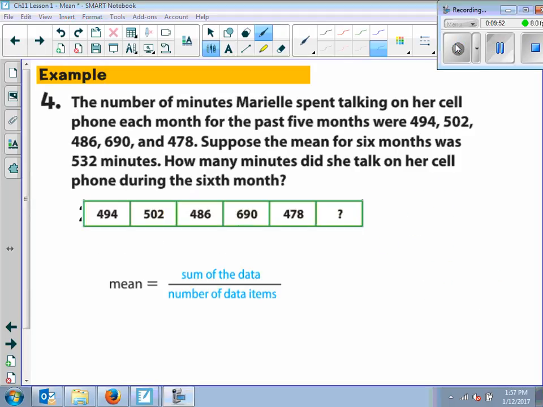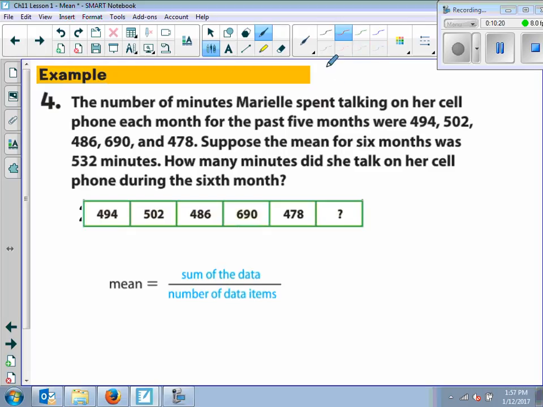Yes. This last example is a little bit different from the rest of the examples, so I want you to make sure you pay attention to this one. Okay? So the number of minutes Marielle spent talking on her cell phone each month for the past 5 months were 494, 502, 486, 690, and 478.